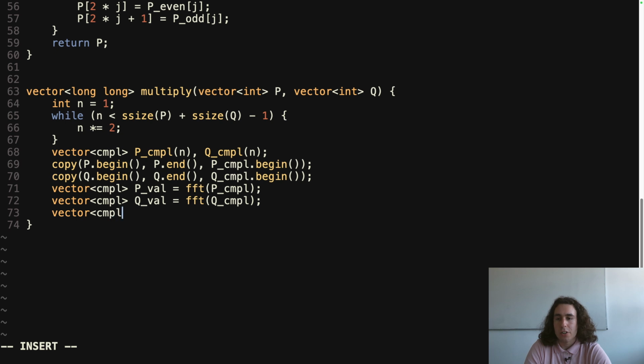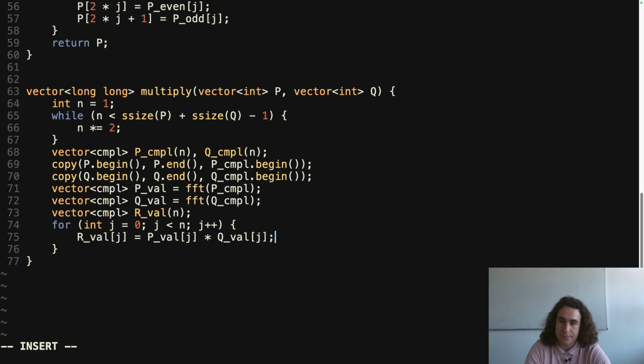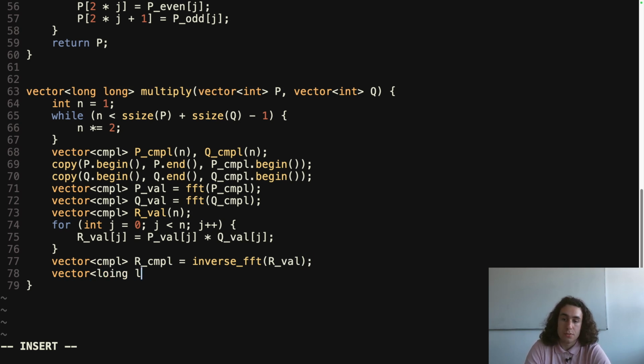And then I want to calculate the values of r, which are just going to be the products, right? So for j equal to 0, j less than n, r value j is p value j times q value j. And then I just do the reverse FFT. R complex is equal to inverse FFT of the values of r. And then I just copy them. They are technically complex numbers, right?